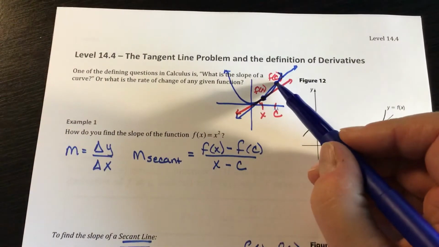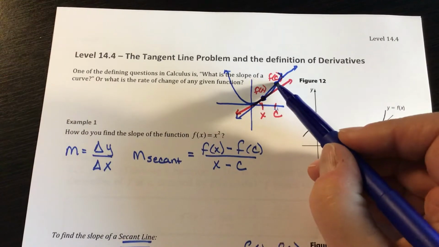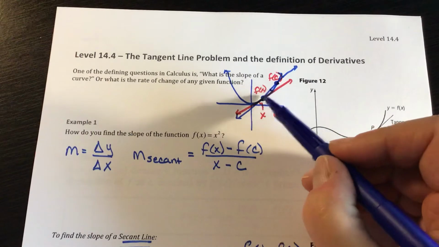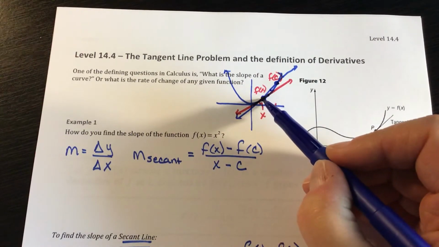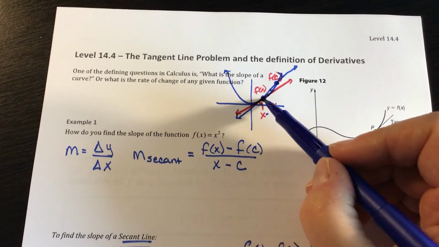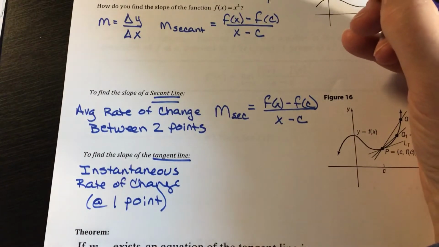Now, if something's happening at 1 point, one thing that we can do to get more exact is we can slide this point closer and find the rate of change between the 2 points and get it even closer, until the second point is actually on top of the first point. Okay, so to do that, we're going to use limits.